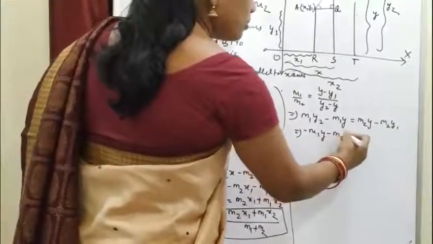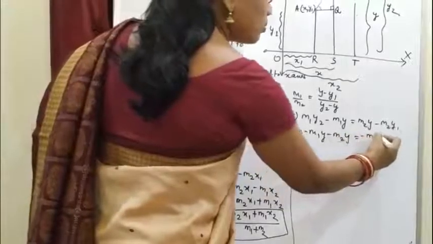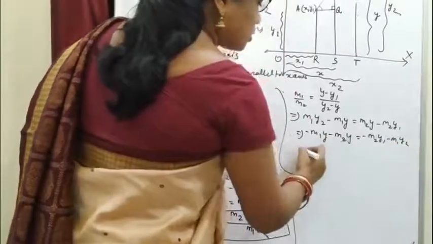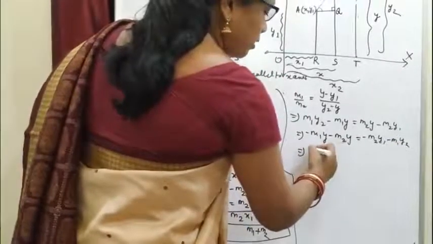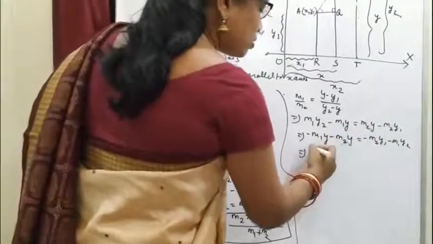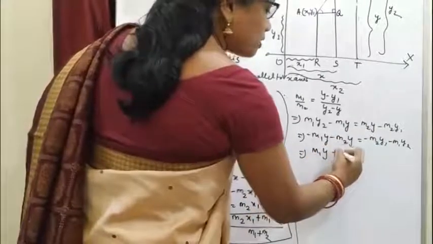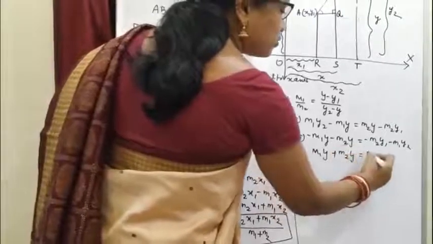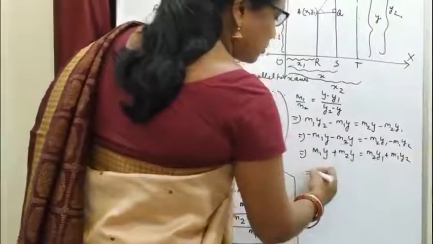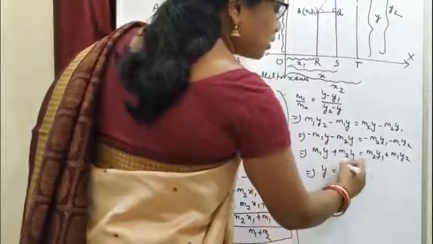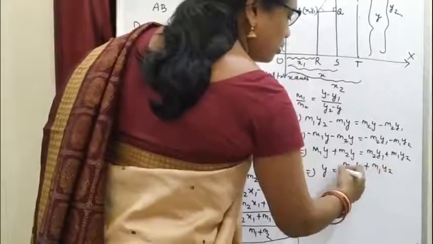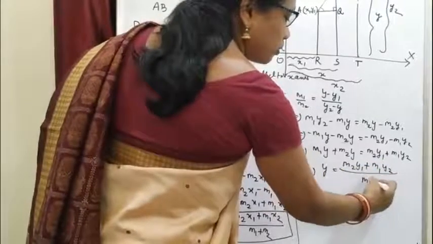So minus m1y minus m2y is equal to minus m2y1 minus m1y2. I have to remove the negative sign. So m1y plus m2y is equal to m2y1 plus m1y2. So y is equal to m2y1 plus m1y2 divided by m1 plus m2.